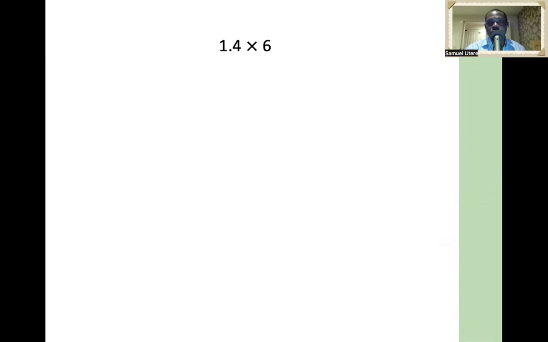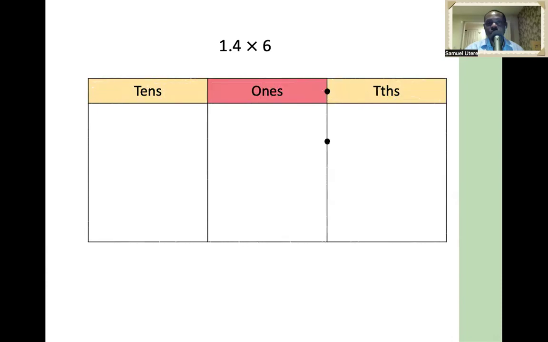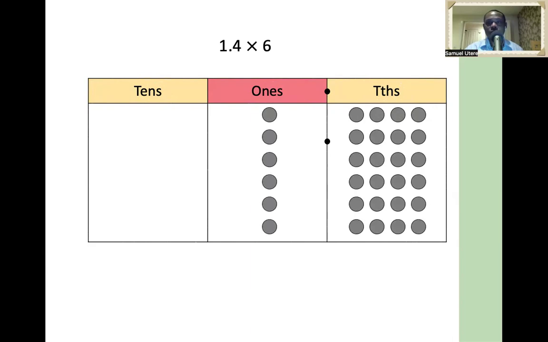We'll do some new learning. If we want to do decimal multiplication, we can think about it first by looking at the place value chart. So 1.4 times 6 means 6 lots of 1.4. If we have 6 lots of 1.4, then looking at the place value for the tenths, how many tenths do we have that can make up ones?